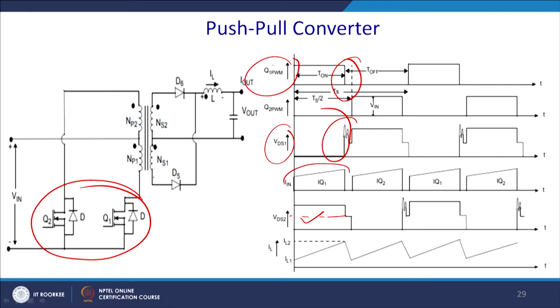So, this is the current in continuous conduction mode for the duty ratio for these devices, and Q1 is the current through the device, and this is the current through the inductor IL, where we have assumed a quite steady load and that the current is continuous.